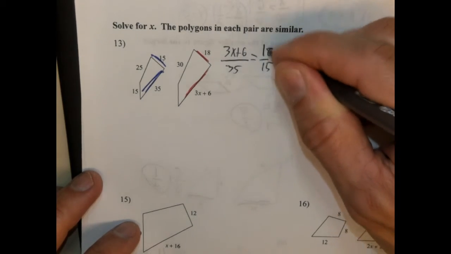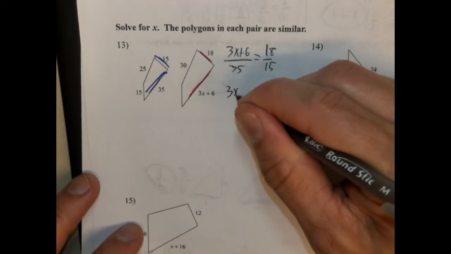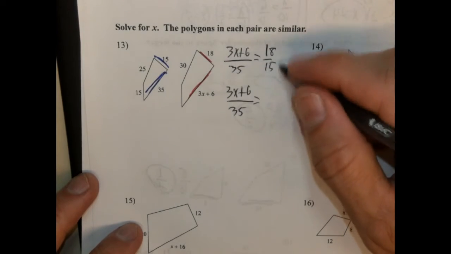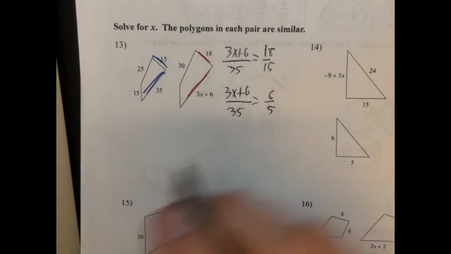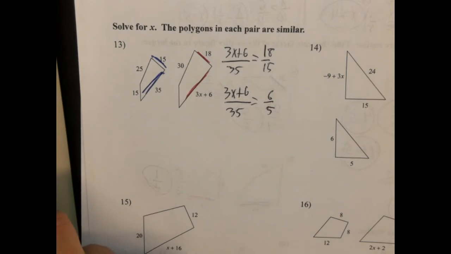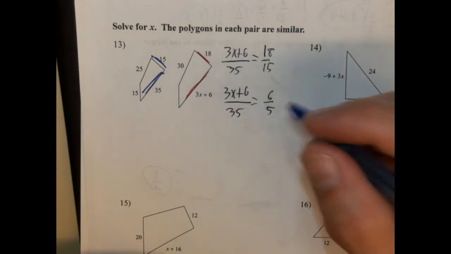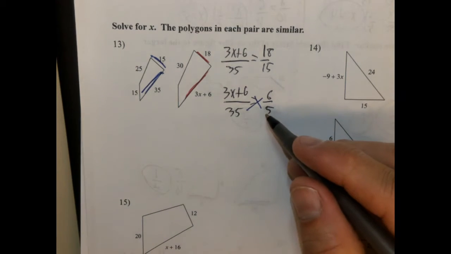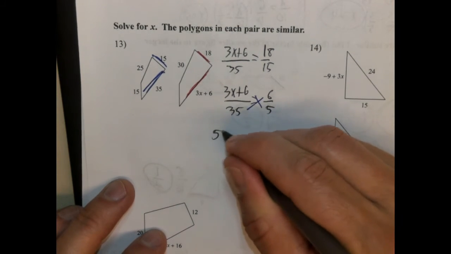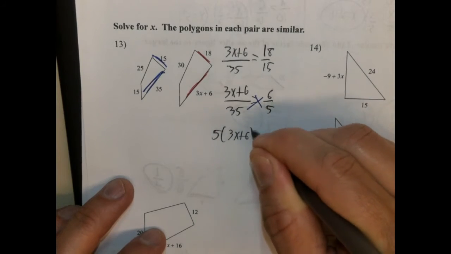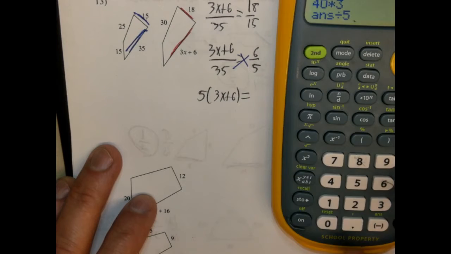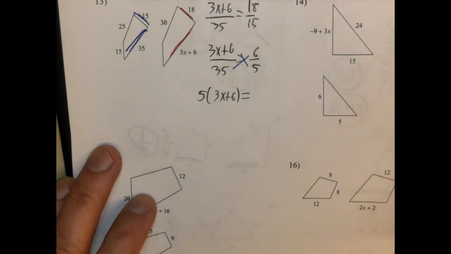I'm going to simplify that. 3x plus 6 over 35 equals, divide these by 3, 6/5. We're going to cross multiply here. You don't have to cross multiply, but I'm going to, just because I find students make less mistakes when they do that. So 5 parentheses 3x plus 6 equals 35 times 6, which is, let's see, 35 times 6, 210.